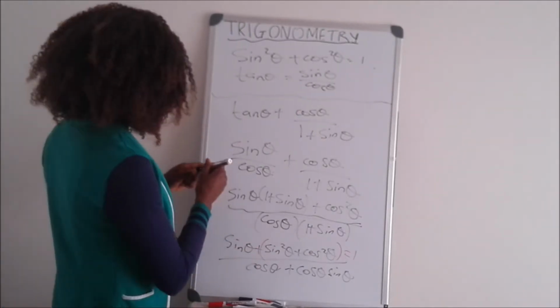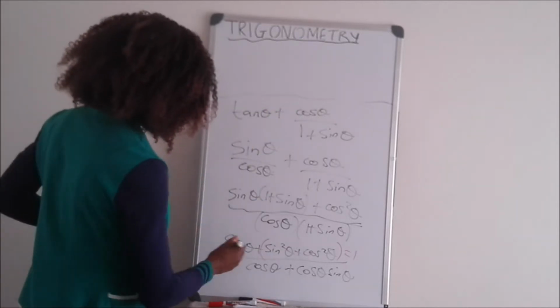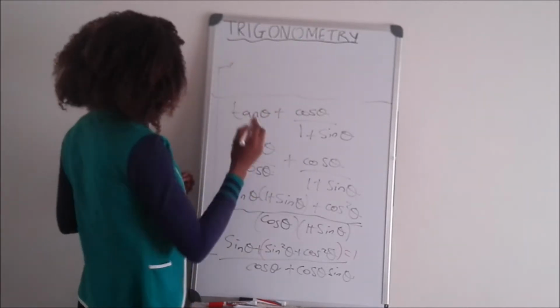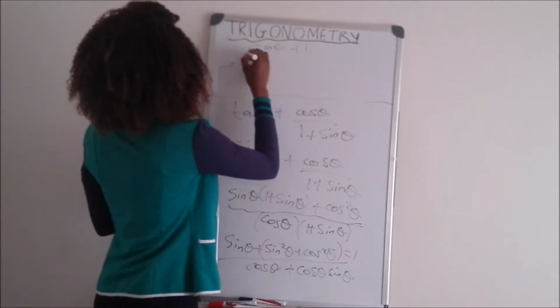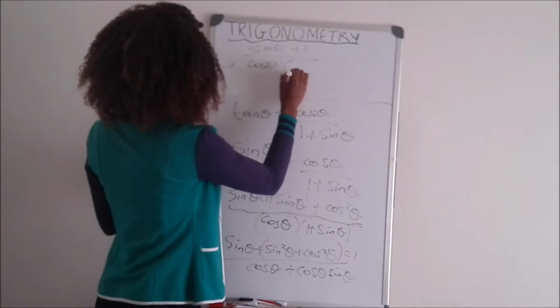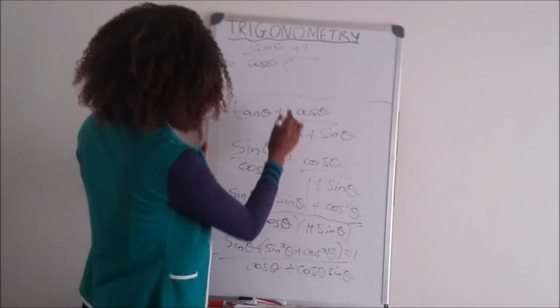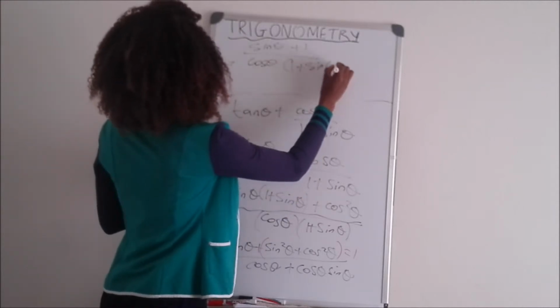Alright, let me just make space here. We'll write it here, taking it from here to the top. Then we have sine theta plus 1 in the numerator, divided by the common factor cos theta into 1 plus sine theta.